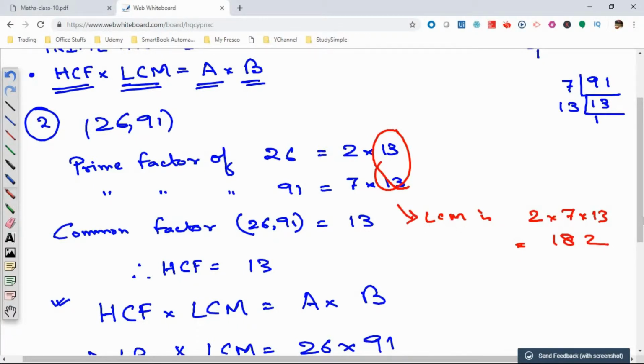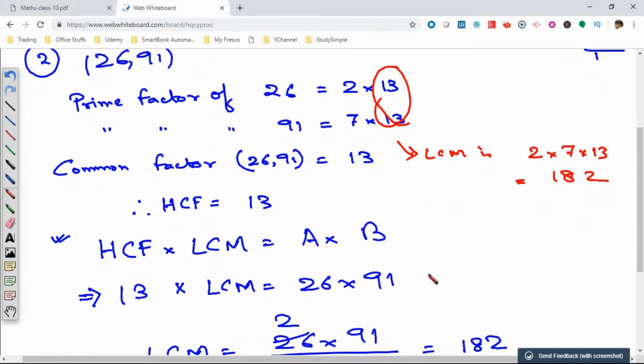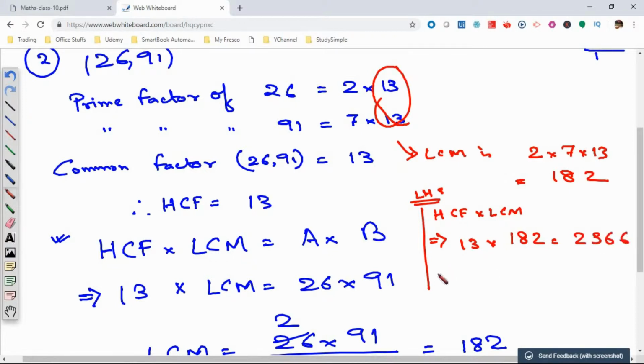Once we find the LCM, we consider the left hand side, HCF into LCM, which is 13 into 182, equals 2366.